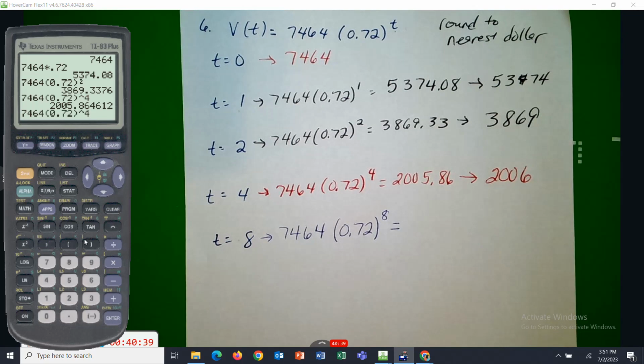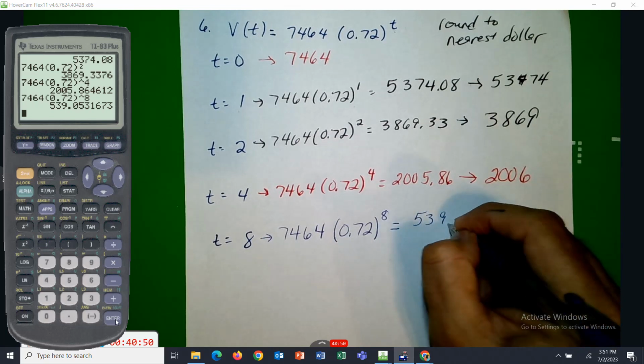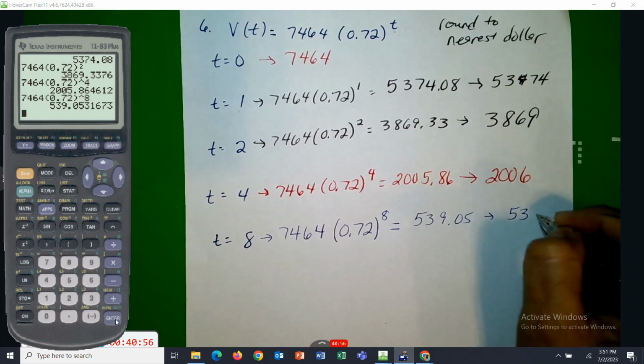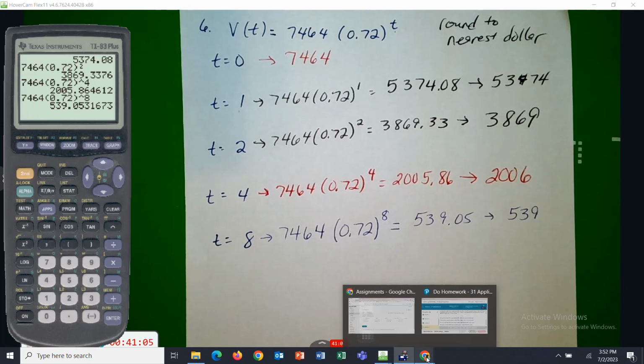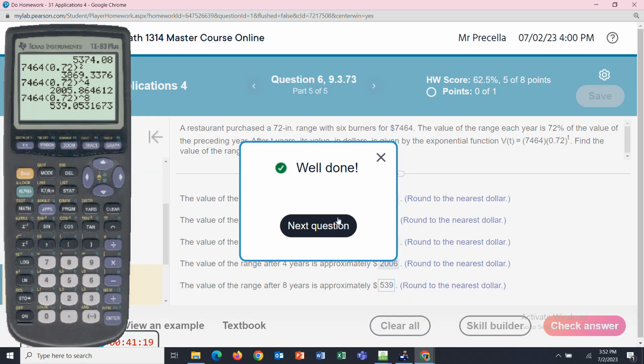Second entry, back arrow, and replace that 4 with an 8. $539.05. We're going to round that to 539. So after 8 years, it's lost almost all its value, hasn't it? It's worth $539.